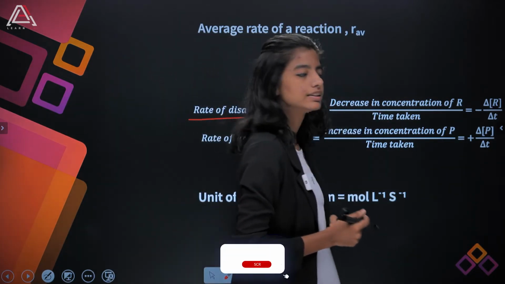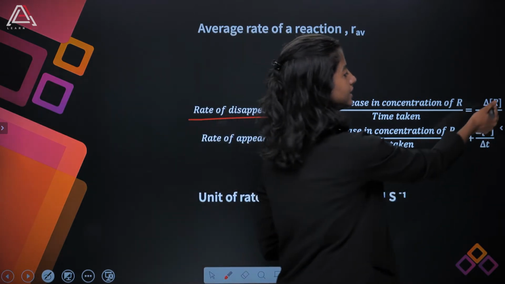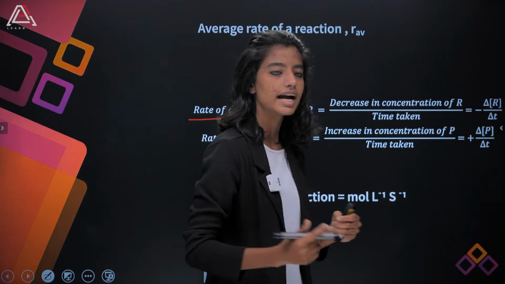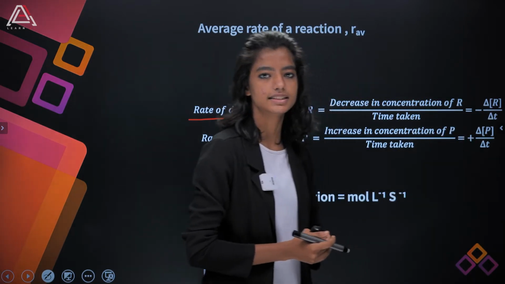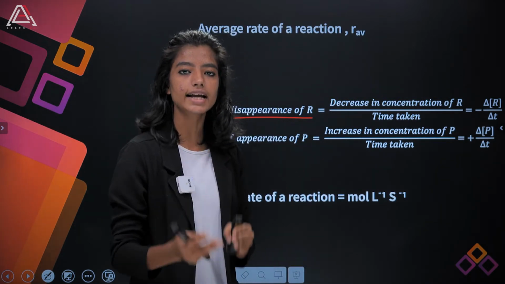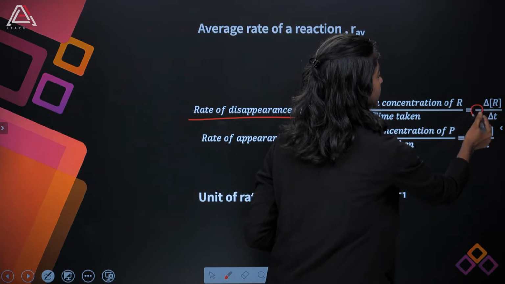The decrease in the concentration of R is the change in concentration of reactants, that is delta R, and time taken is the change in time, that is delta T.